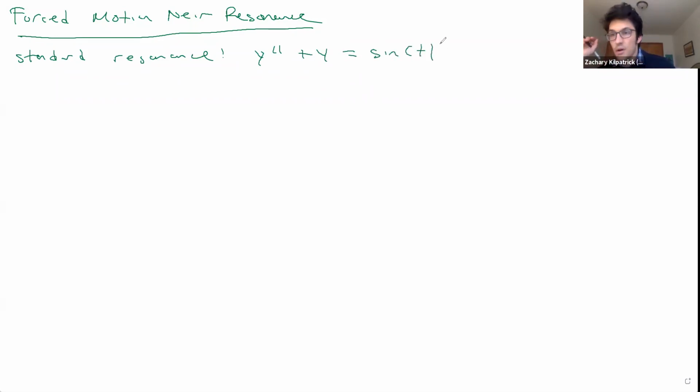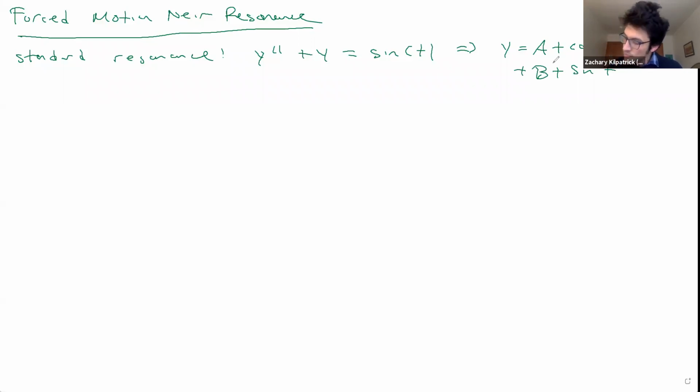If you solve this in an ODE class, you get an exact solution that's going to involve functions of the form y equals a t cosine t plus b t sine t, that builds up over time.